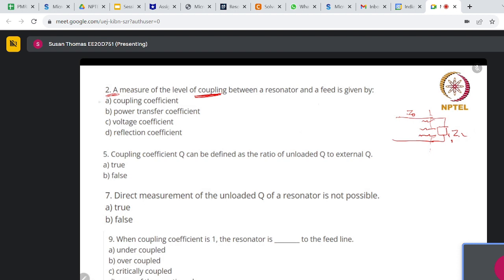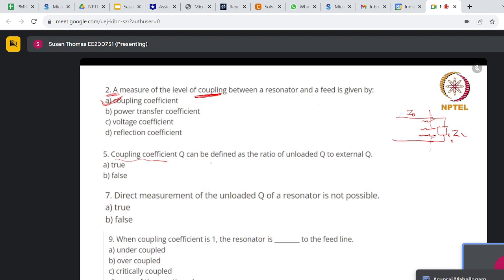That is given by a coupling coefficient. You have come across the loaded and unloaded Q factors, and the external network circuit's Q factor. If you remember what a coupling coefficient is, the next question becomes more clear. What is a coupling coefficient?